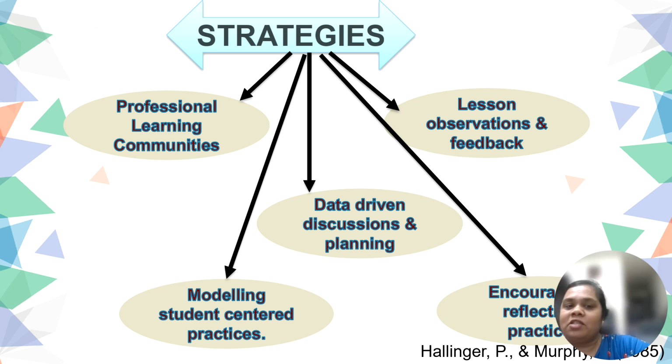To implement this, I would like to use some strategies with reference to Hallinger and Murphy's theory: professional learning communities, lesser observations and giving feedback to them, data-driven discussions and planning, modeling student-centered practice, and encouraging reflection on their practices.